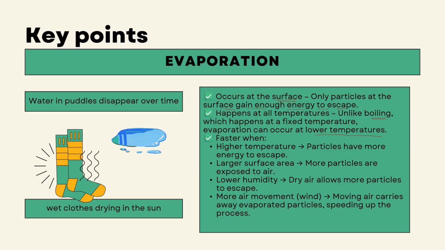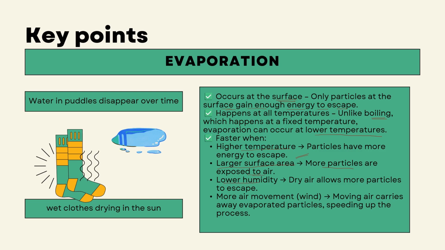Evaporation will be faster when the temperature is high because the particles will have more energy to escape. Similarly, evaporation will be faster when there is a larger surface area because more particles are exposed to air.